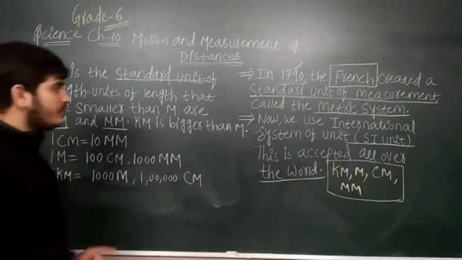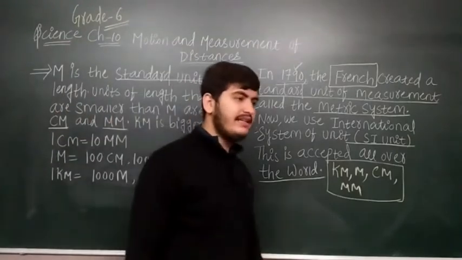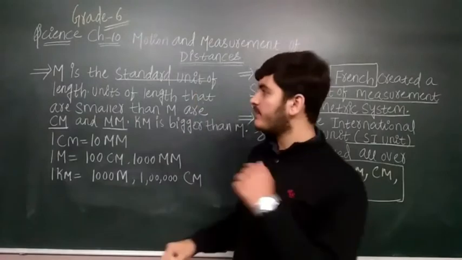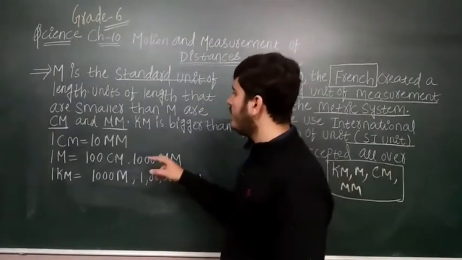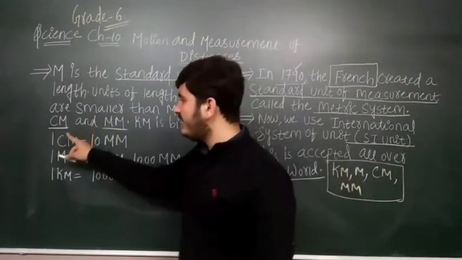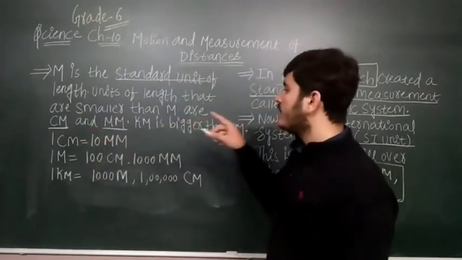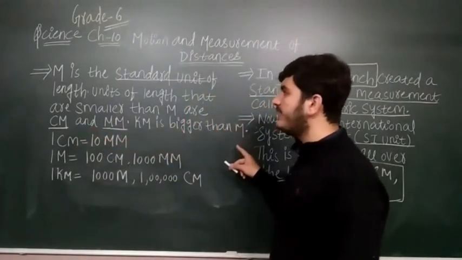Meter is the standard unit of length. Just keep this in mind. Which units are smaller than it? Centimeter and millimeter. Kilometer is bigger than the meter.